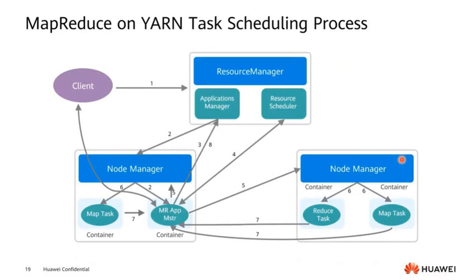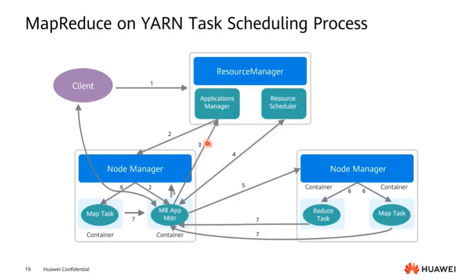Now, let's see more details about the task scheduling process of mapreduce on Yarn. 1. The client submits a job to resource manager. 2. The resource manager receives the job and allocates the first container for the application program and asks node manager to start application master in container. 3.